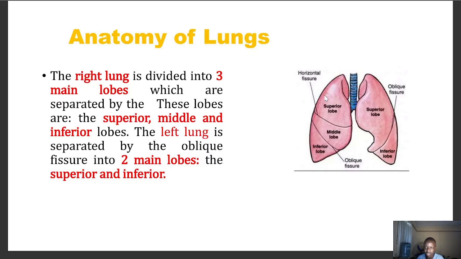The horizontal fissure separates the superior from the middle lobe, while the oblique fissure separates the middle lobe from the inferior lobe. The left lung is separated by the oblique fissure, which separates the superior and the inferior lobes. For the left lung, we don't have the middle lobe. That's the anatomy of the lung: it's made up of different lobes separated by the horizontal and oblique fissures.